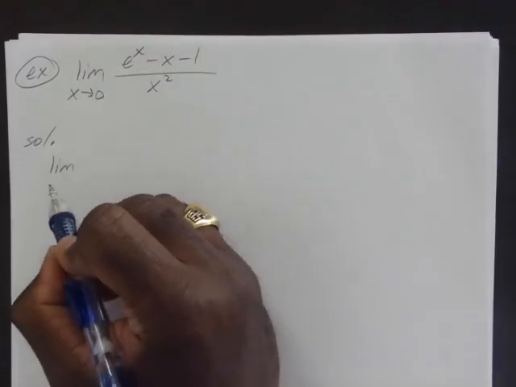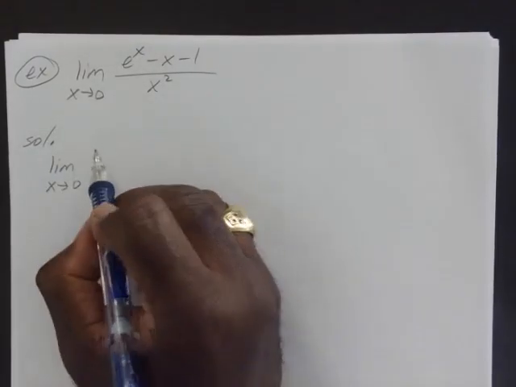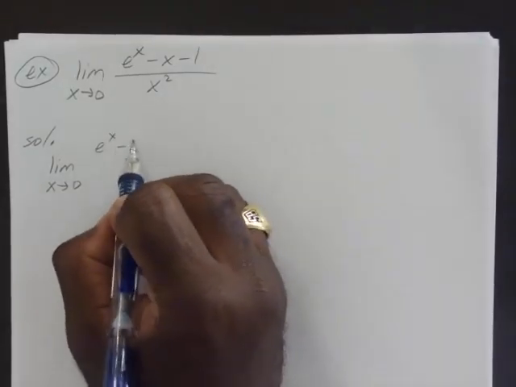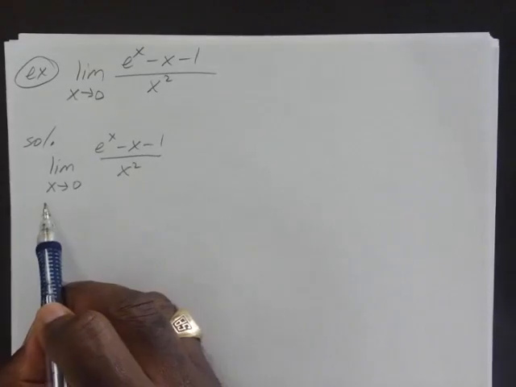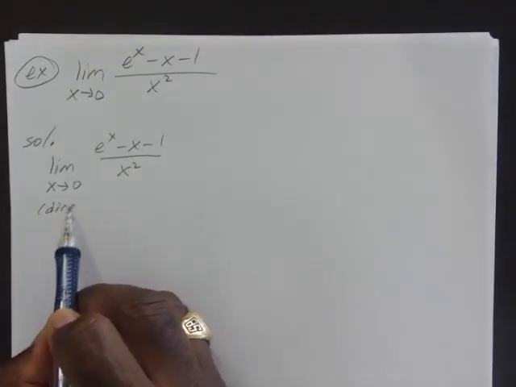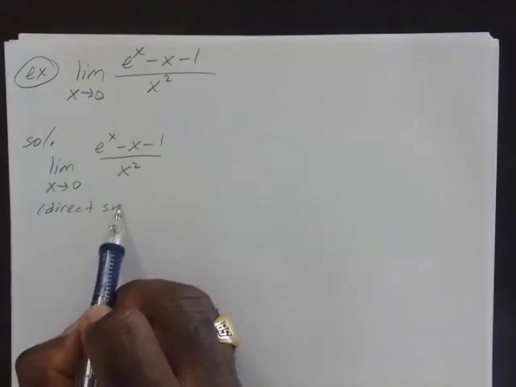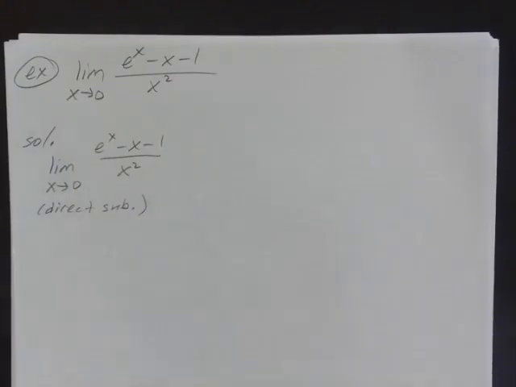If we take the limit as x approaches 0, we're going to go ahead and use direct substitution and replace x with 0.